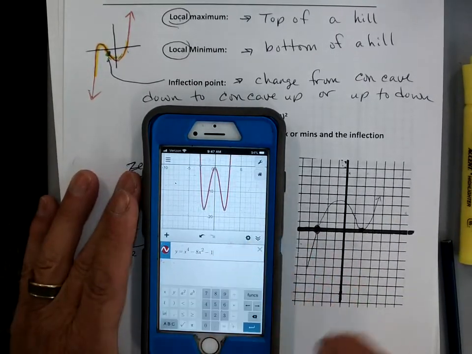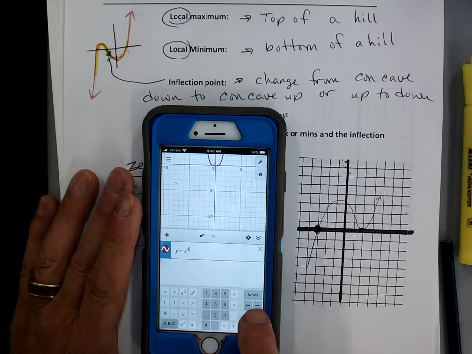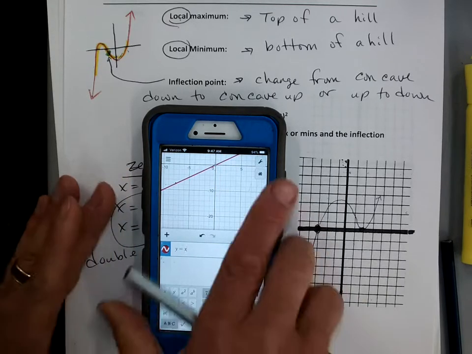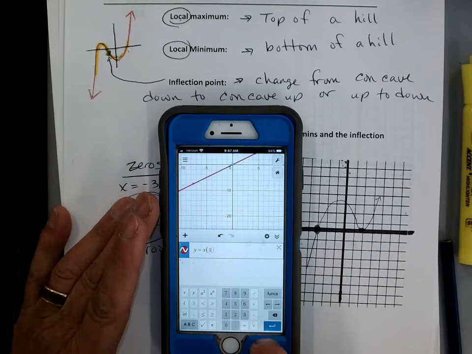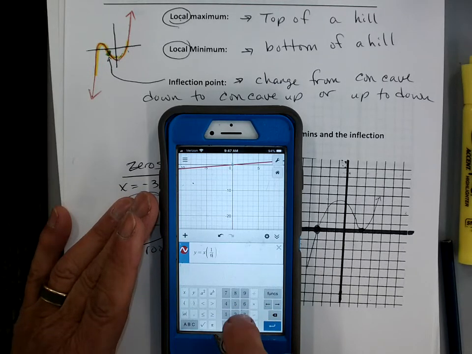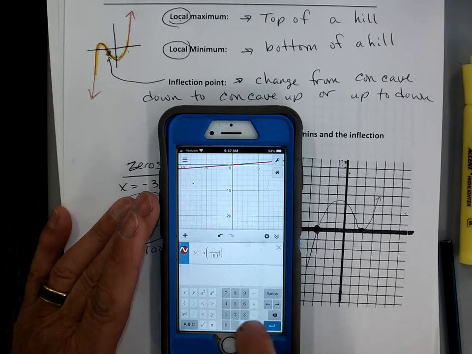I can use my Desmos again. My Desmos. And I can graph in my 1/6. 1 divided by 6. Move it over. Okay. Hold on, clear.